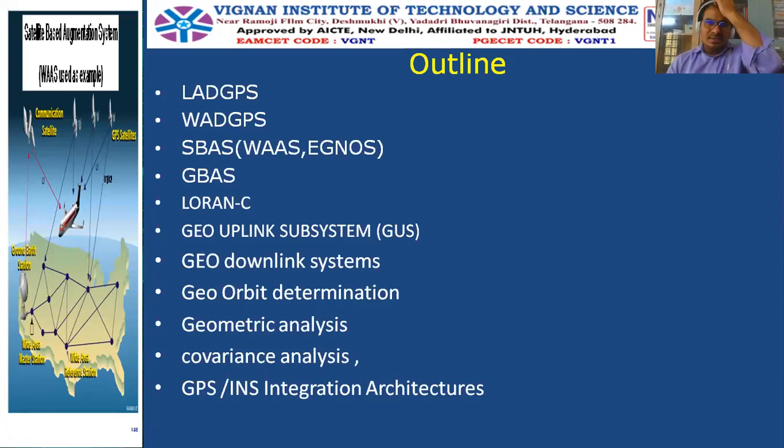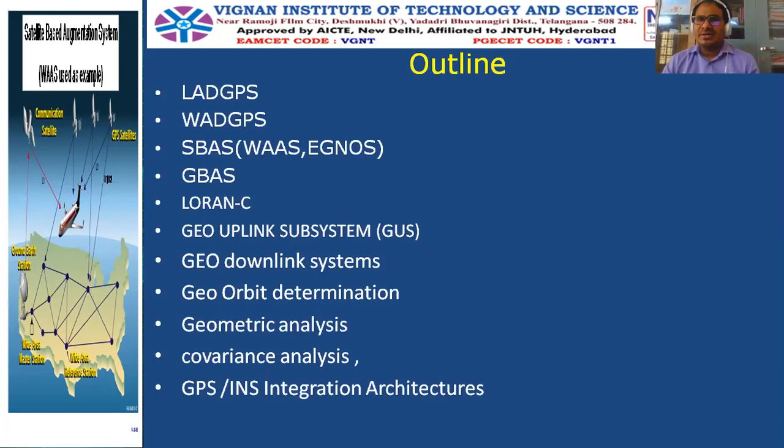In this unit, we have to learn topics like local area differential GPS. First, the concept of differential GPS, then the types: local area differential GPS and wide area differential GPS.